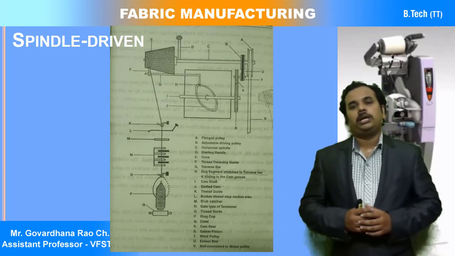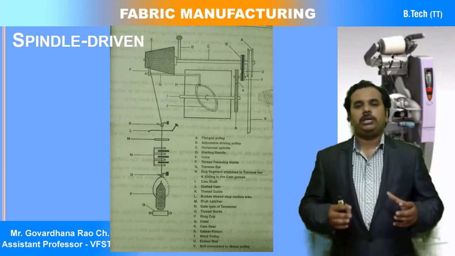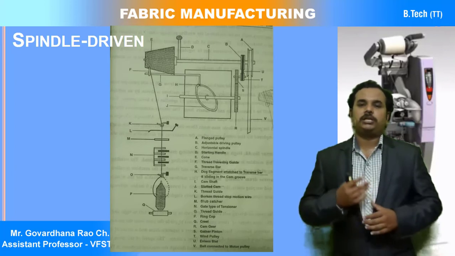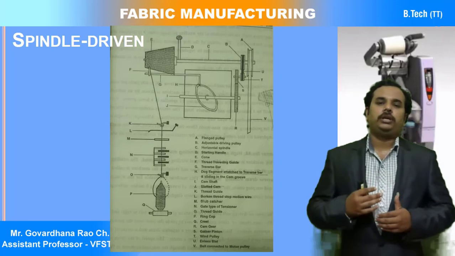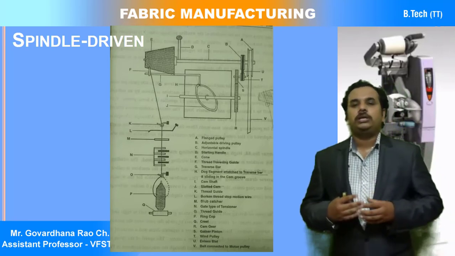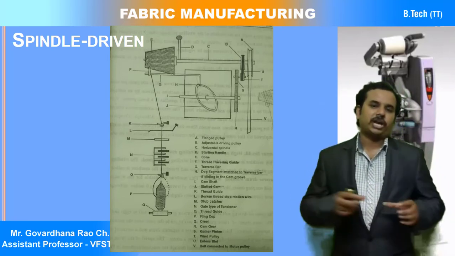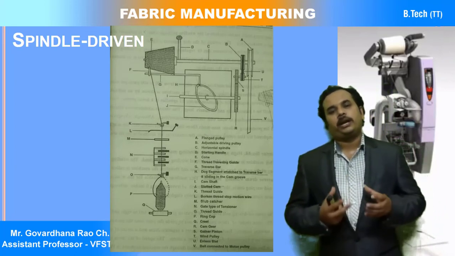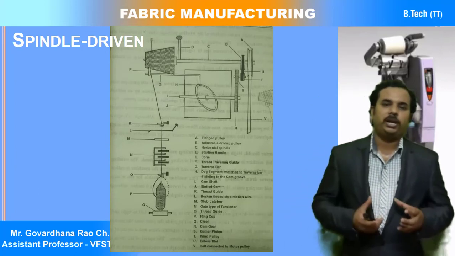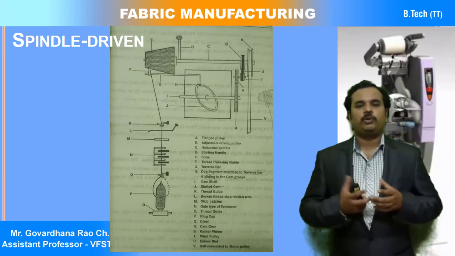Directly you can see the V belt. This belt is connected to the motor pulley, then the machine pulley. This machine pulley has a shaft, and this shaft is directly connected to the spindle. The spindle is nothing but your package.